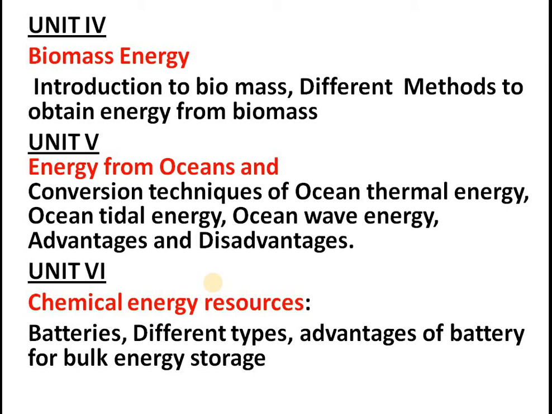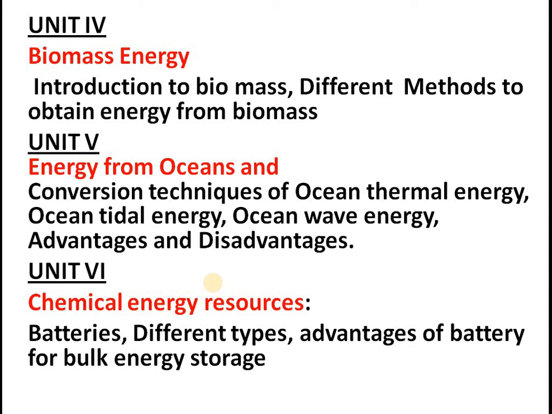There are very advanced modern batteries which can be charged very quickly and discharged with constant power. Modern cars, you must have heard about hybrid and electric cars, need such advanced batteries to operate. Such things will be discussed in unit 6.